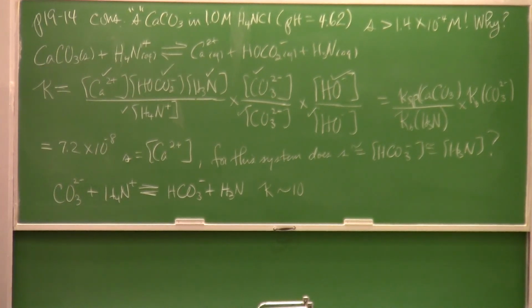Let the chemistry talk to you. Because if this reaction for this system is the only source of consequence of bicarbonate and ammonia, and ammonium ion reacting with bicarbonate does not effectively convert bicarbonate to hydrated CO2, then what we've got here is true.